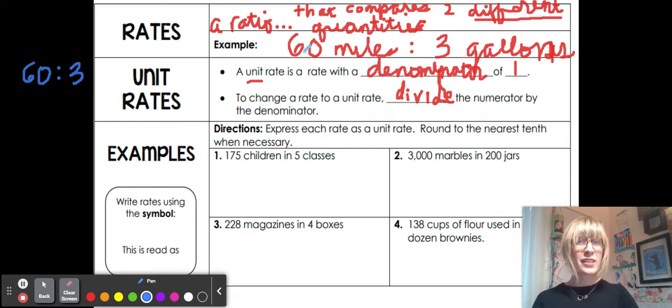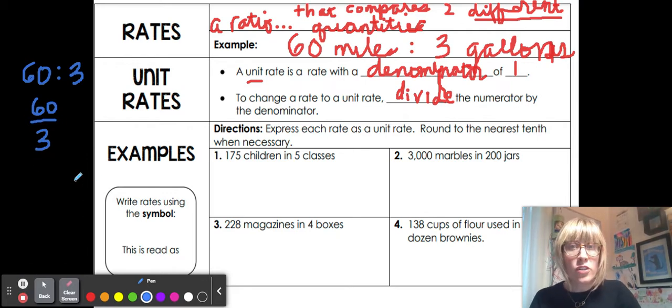So if we took our 60 miles to 3 gallons example, we have a 60 to 3 rate, and we could write it in a familiar form, in fractional form. And in order to turn it into a unit rate, all you need to do is divide the numerator by the denominator. So let's go ahead and take 60 and divide it by 3.